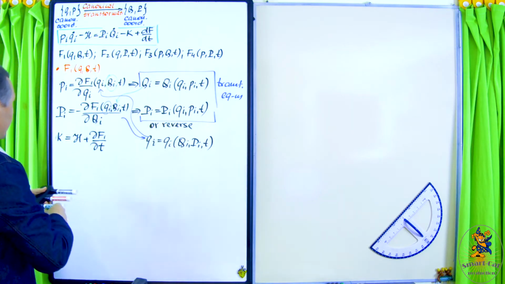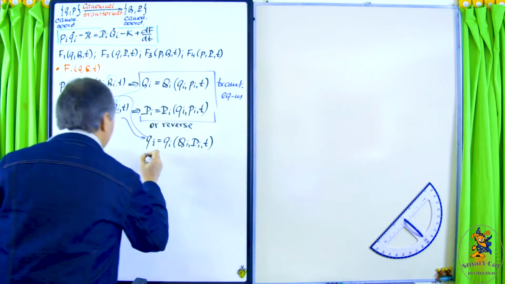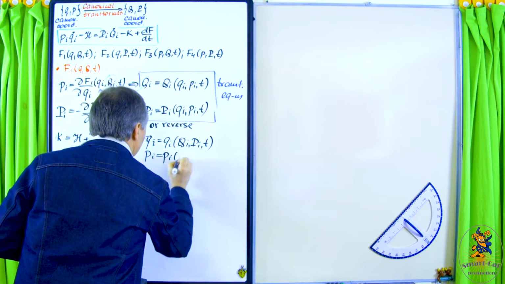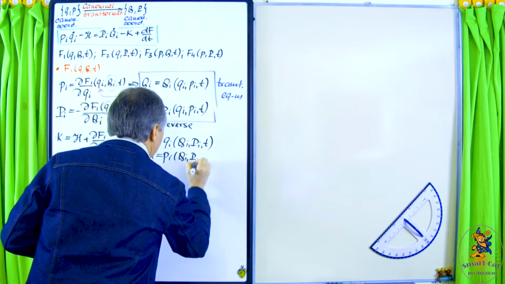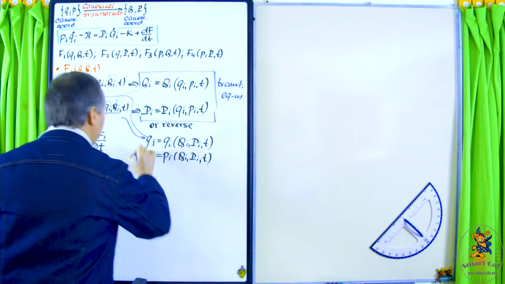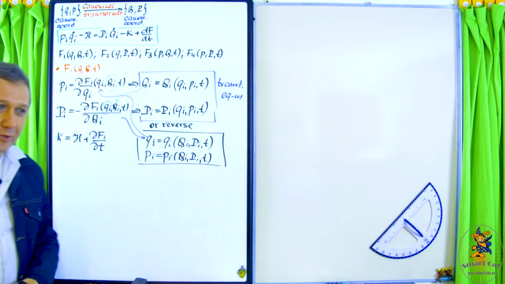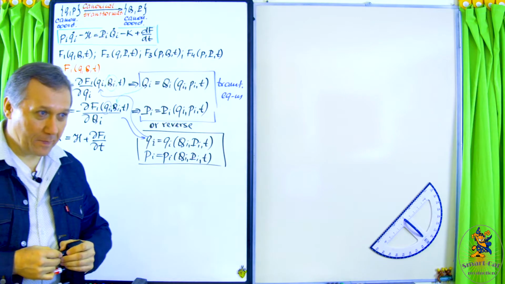So you will get p small as a function of Q capital, P capital, and time. So those are the transformation equations to go back.